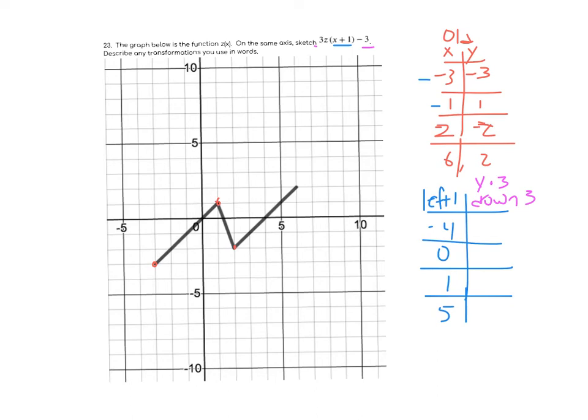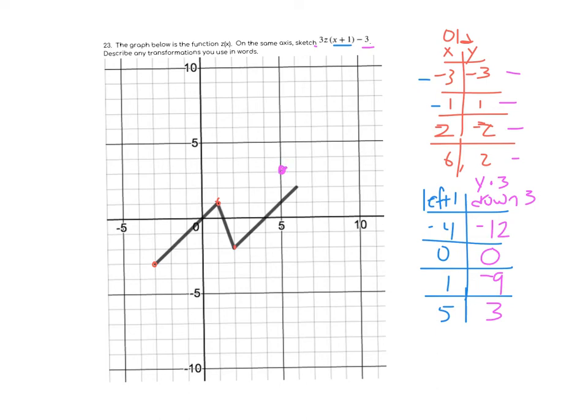So negative 3 times 3 would be negative 9. Down 3 would be negative 12. Then we've got 1 times 3 is 3, and then down 3 would be 0. We've got negative 2 times 3 is negative 6, and then down 3 is negative 9. And then 2 times 3 is 6, and then down 3 is 3. So we've got 5, 3.